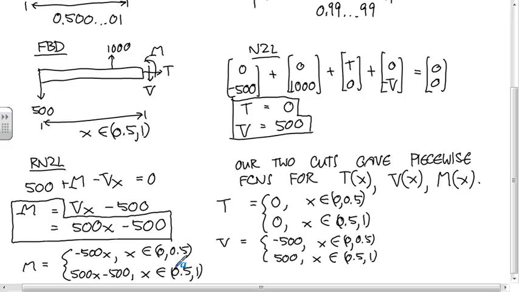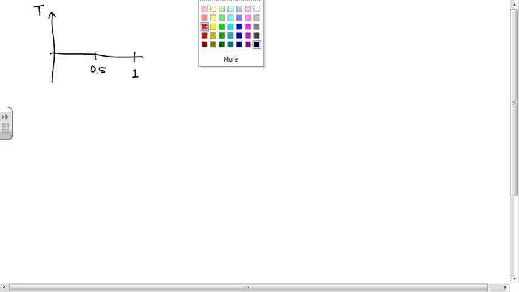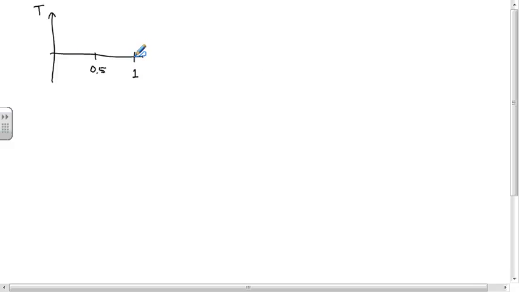But these graphs look like this. Tension, internal tension is a function of x. So if this is 0.5 meters and this is 1 meter, the graph looks like this.